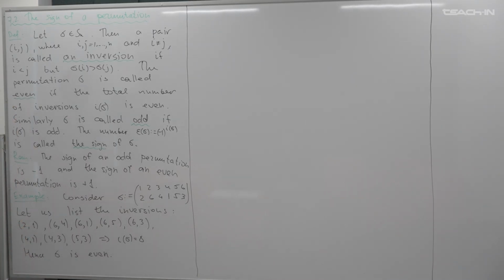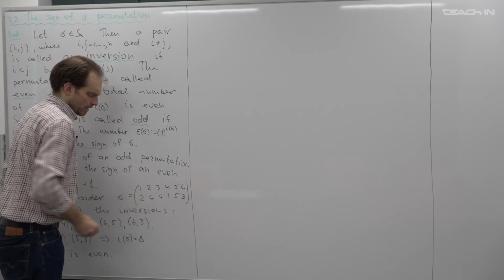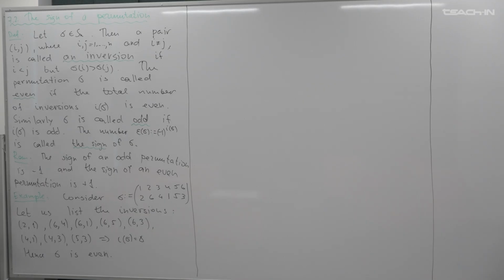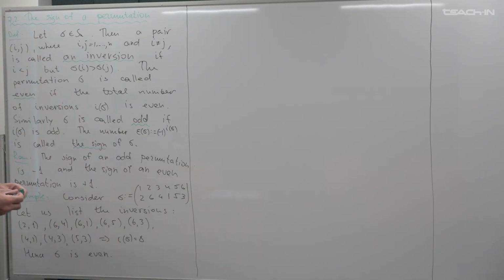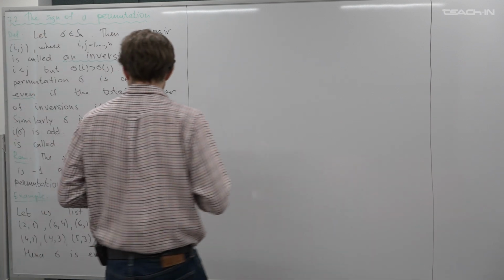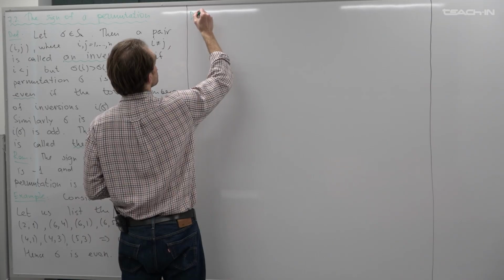So we just need to compute the number of occasions where the order of elements in the lower line is broken, and that's exactly the number of inversions. So this is also quite simple. Okay, so one more definition.